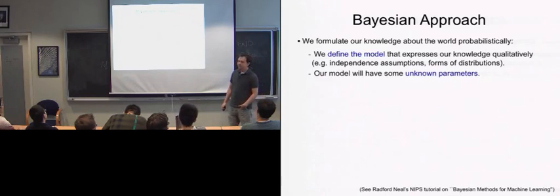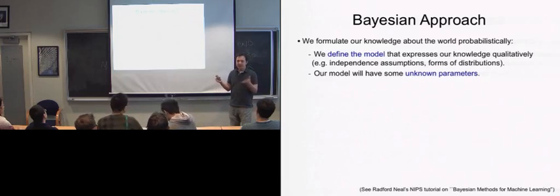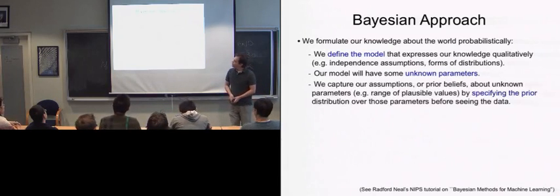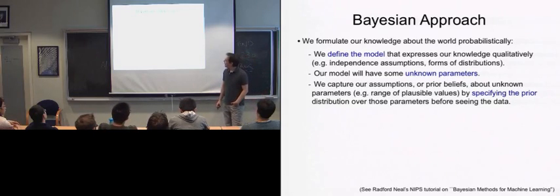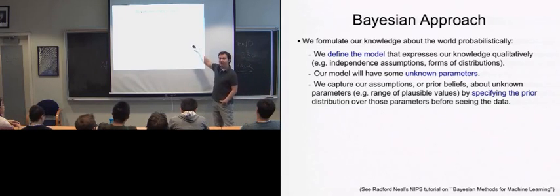Typically, the models we work with will have some unknown parameters. We capture our assumptions or beliefs about the parameters of those models by specifying a prior, for example a range of possible values. We specify the prior distribution of those parameters before we actually get to see the data.